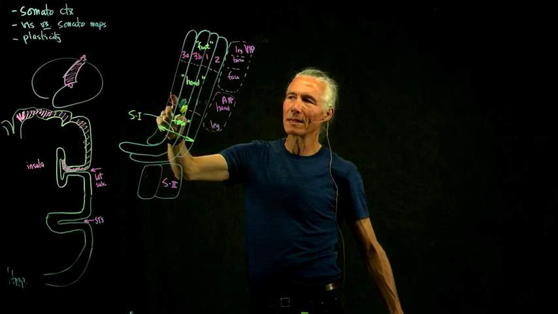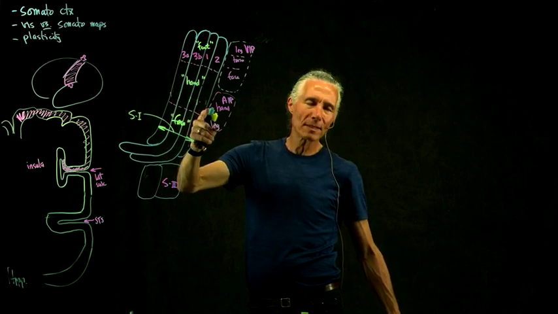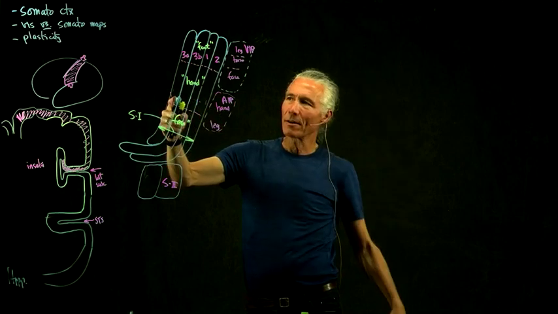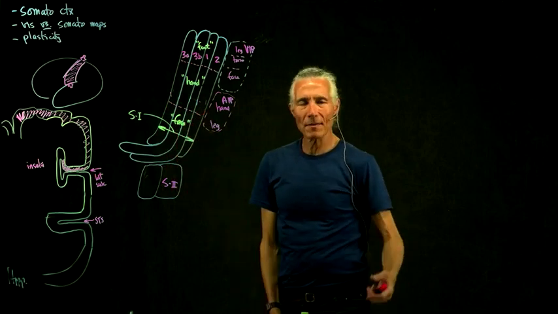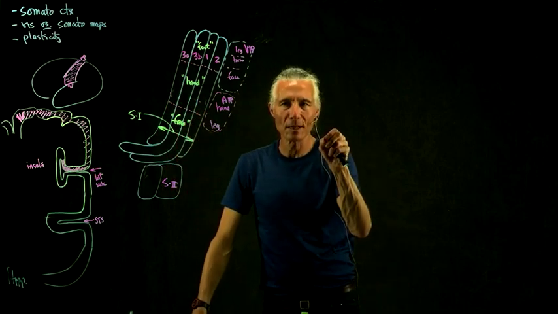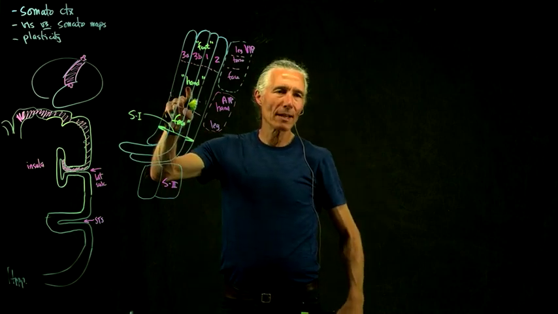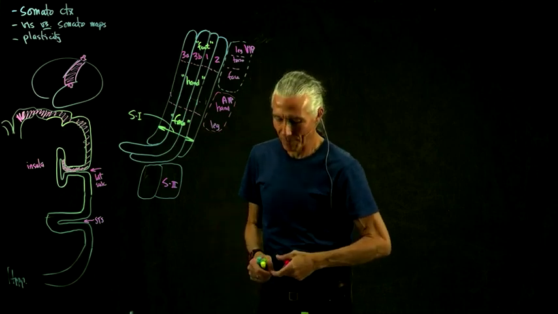1980s, people went in great detail and discovered there are actually 4 representations of the body surface in area 3A, 3B, 1, and 2. And how did they miss it? Well, they're just very close to each other, and if something is repeating, like you have another copy of the hand, unless you're going really carefully, you won't find that there's another copy there.